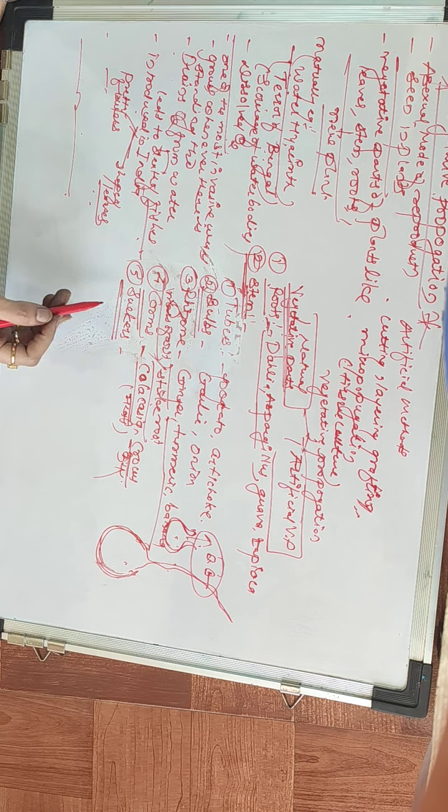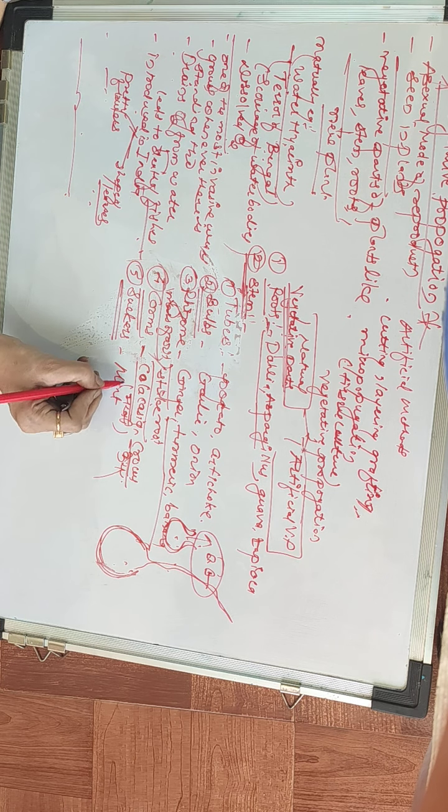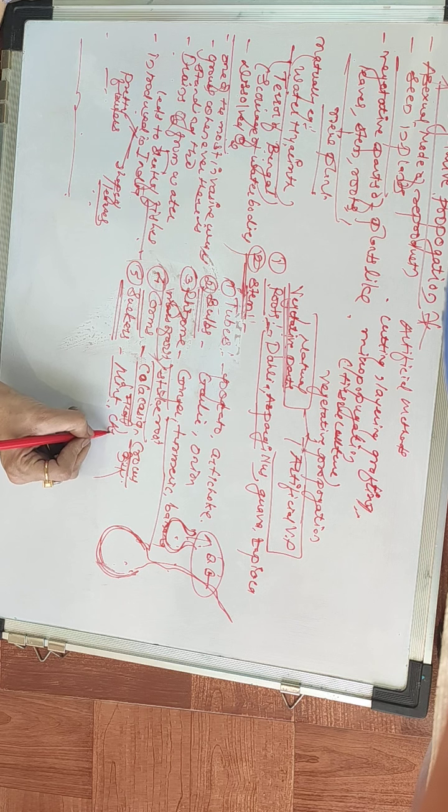It develops from the basal part of the plant. Examples of sucker are mint, you know, pudina, and the second example is chrysanthemum.